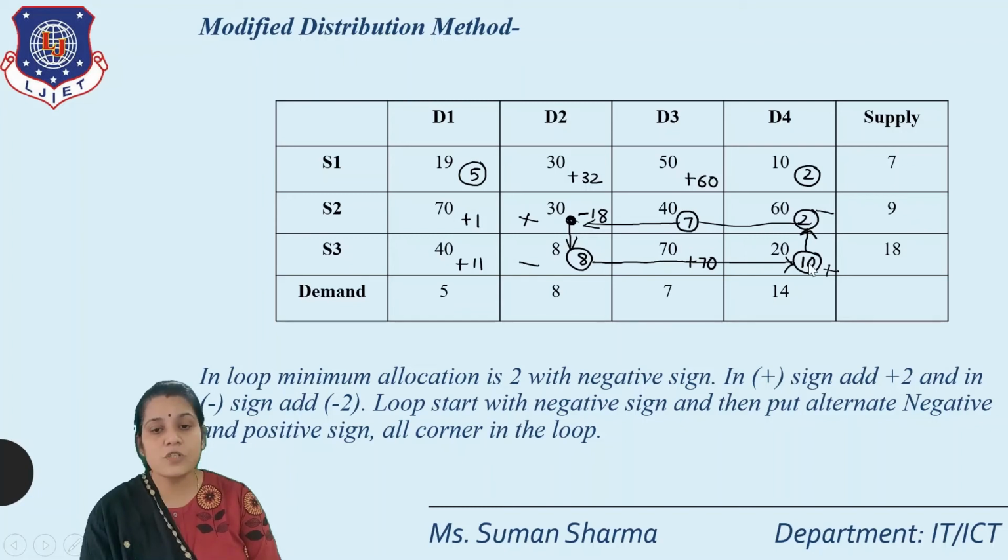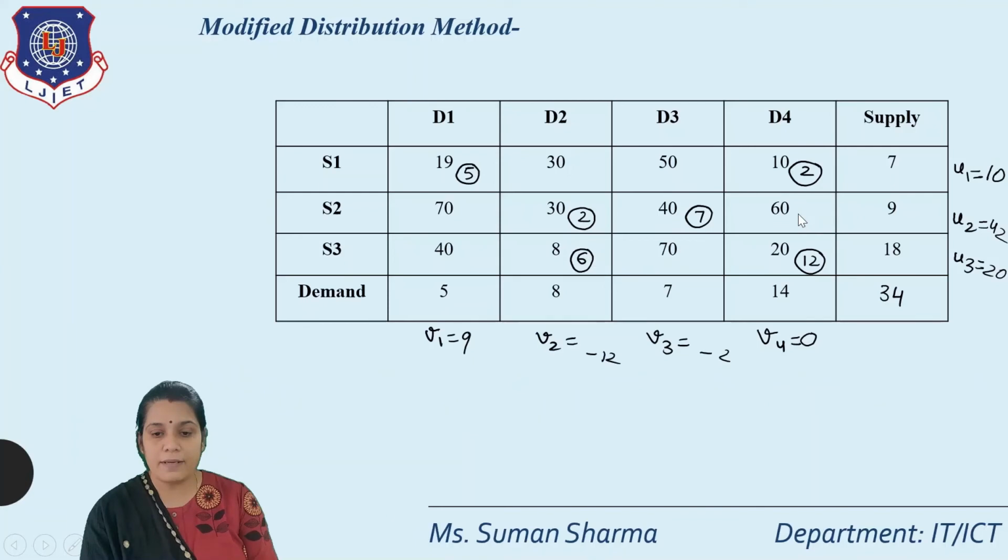So see here 19, 5, 10, 2, 32, 47, 8, 6 and 12. That means what? In the previous table, we wrote 60 into 2, that means 120 was the final answer. But here this 2 we move to this cell. So 30 into 2, that means 60. That means 60 rupees is less from your final answer. That means 779 rupees.